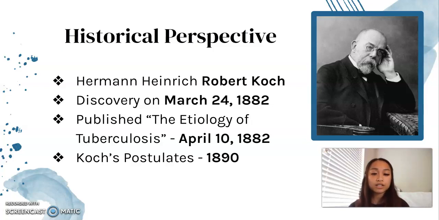And then Koch's postulates, he wrote in 1890, which is the main paper that serves as the fundamental basis for the causes of infectious diseases. And that is how we're able to see whether or not a microorganism is the certain cause for an infectious disease.